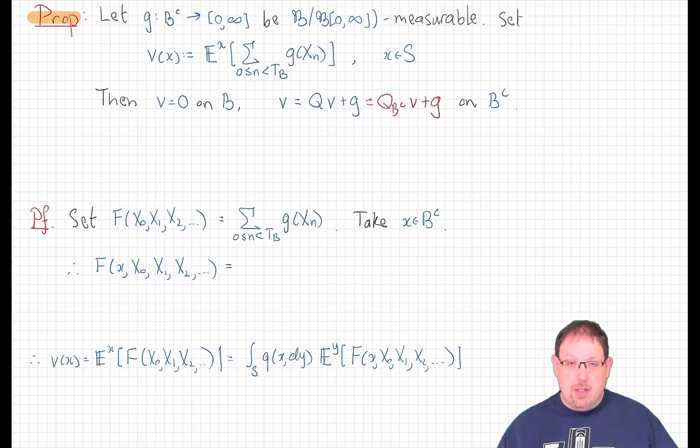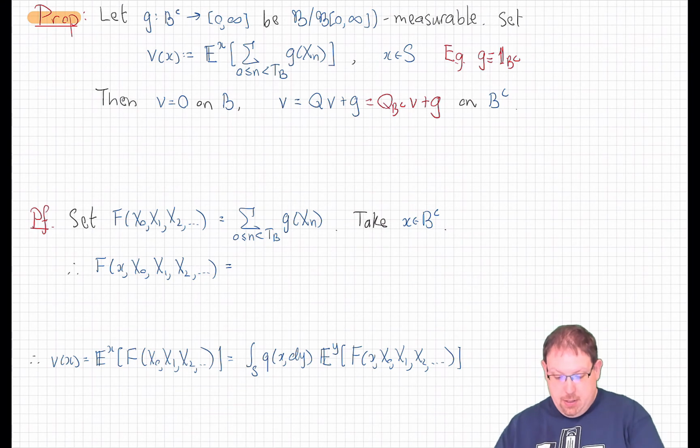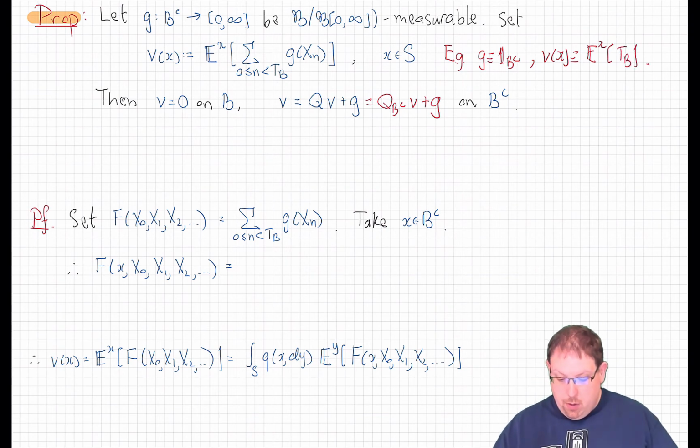Now in particular, this also allows us to compute the expected value of the hitting time, because if we take g to equal the constant function 1, on B complement is all we care about, then these terms will all be 1, and we're just adding up 1 T_B times. This sum goes up to but not including T_B, but it starts at 0. And so we get that v is equal to the expected value starting at point x of T_B, which could of course be infinite.